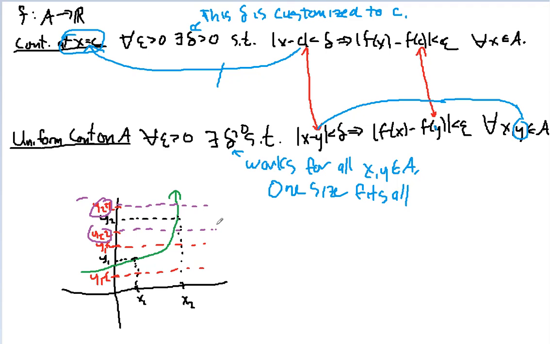So at x1, if I want to show continuity, I need to figure out the delta for which you're always guaranteed to be in this epsilon neighborhood of y1. Well, it's not so hard to do. Just graphically, you look at this and you say, well, when do I leave? Well, I leave right about there.